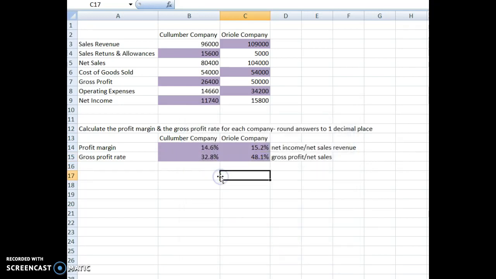The other thing that I like about using Excel is that the problem does say that while we're calculating the profit margin and the gross profit rate for each company, we need to round the answer to the first decimal place.